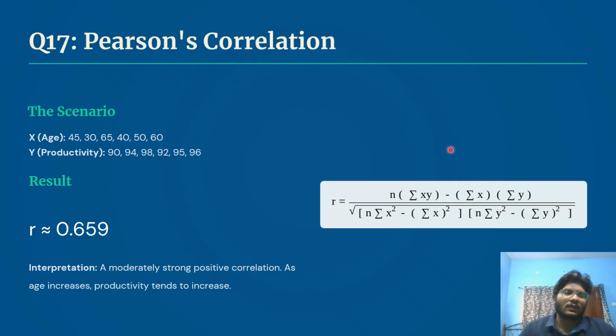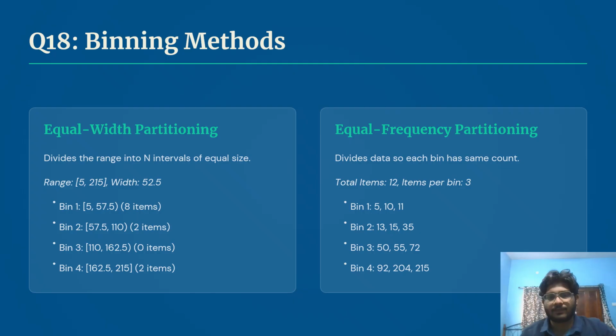Now we'll go to question number 18, binning method. Right. What is binning? Binning is a data smoothing technique used to reduce noise in data by grouping values into bins, intervals, we can say.